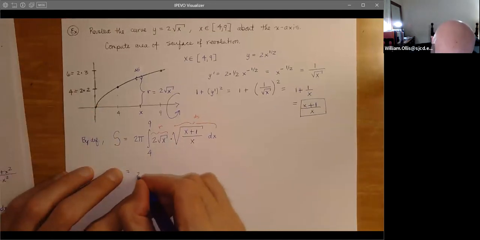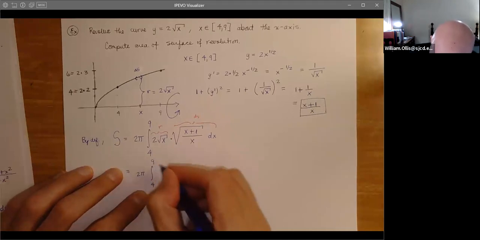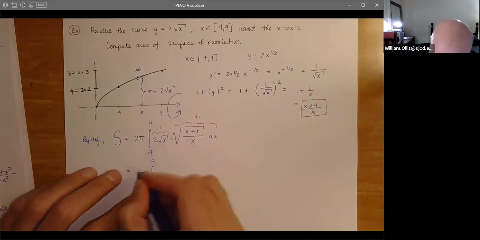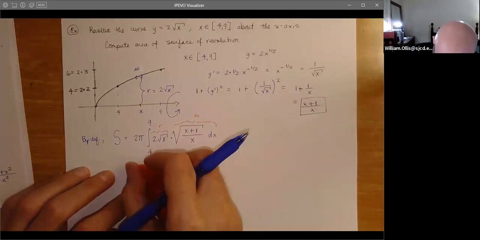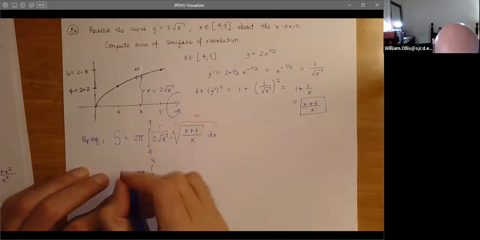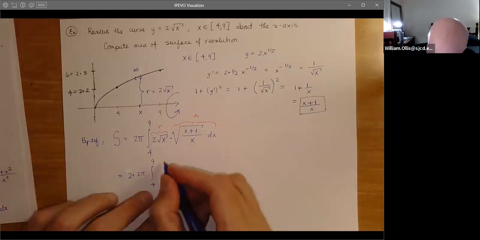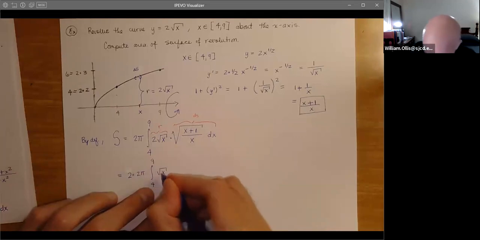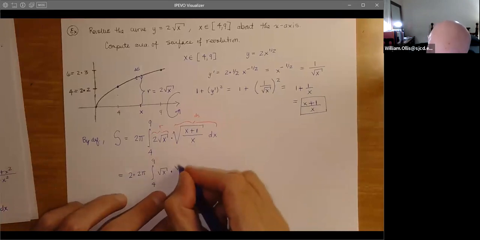So now 2 pi, 4 to 9. And if you like, let's just go ahead and remove that 2. That's just in the way. So we have 2 times right there. And now we have the square root of x. And now we can apply the laws of exponents, of course, where this is well defined.